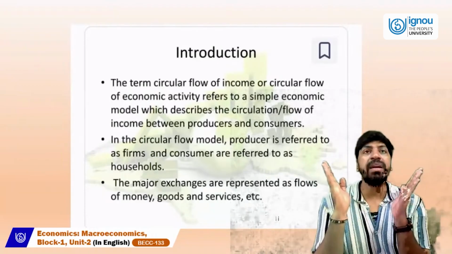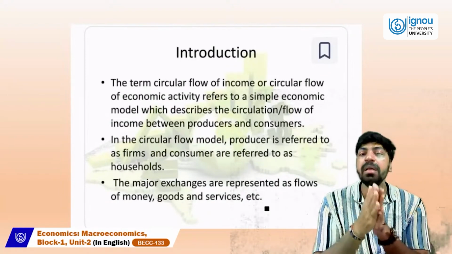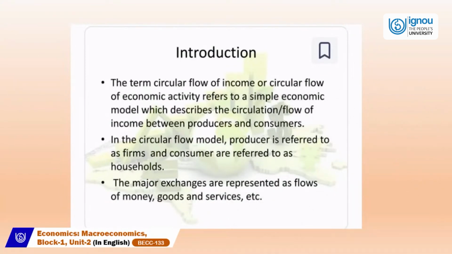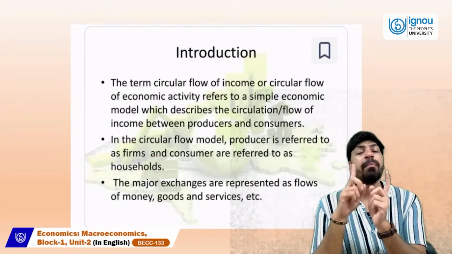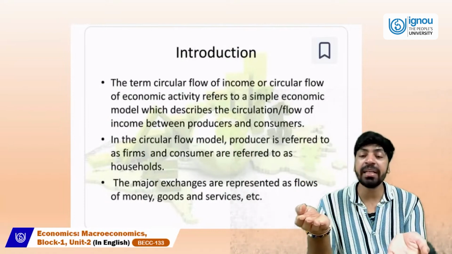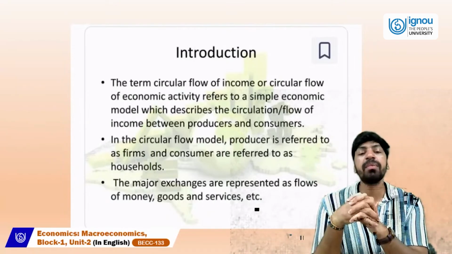It portrays a true picture of the flow of income between producers and consumers, and how income circulates between them. In the circular flow model, producers are called firms and consumers are called households, since here we talk about aggregate income, so the names have changed.